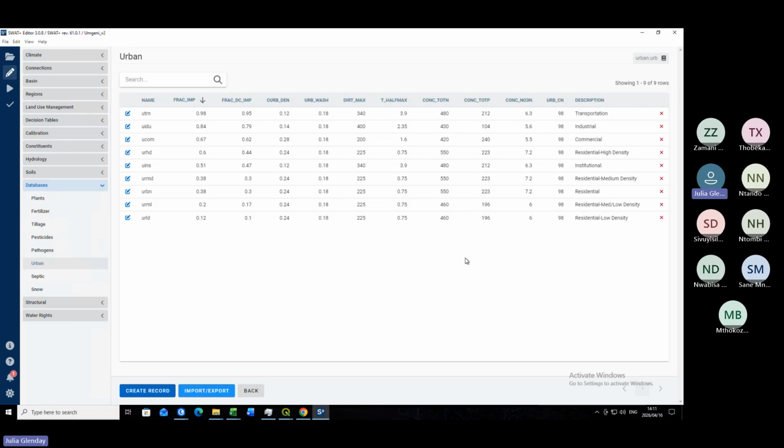These are default values assuming different kinds of areas and atmospheric deposition, etc. We can increase it if we think that it's a way of representing diffuse non-point source pollution on these urban and residential areas. We could change things like that on these, or we can represent that as a point source, which I'll come back to.